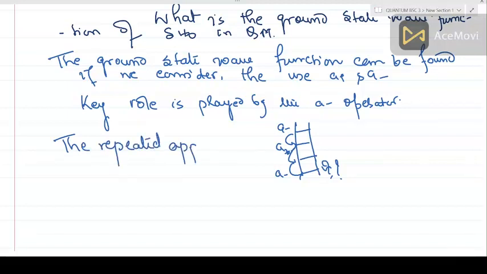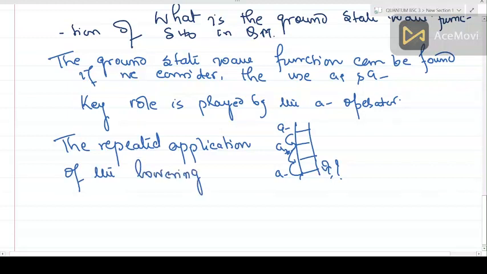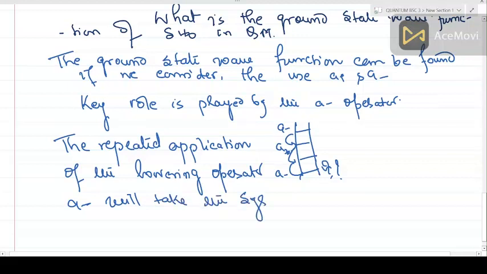The repeated application of the lowering operator A minus will take the system to a so-called lowest state.